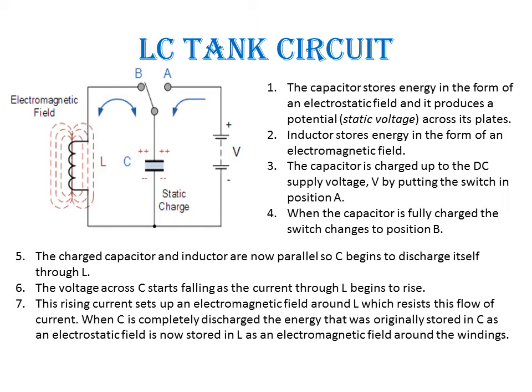Again, once this charging is complete, it will undergo discharging. In this case, it will send out a current in the clockwise direction through L. That will again generate induced EMF, and that induced EMF will again charge the capacitor in such a way that the top plate of the capacitor becomes positively charged.